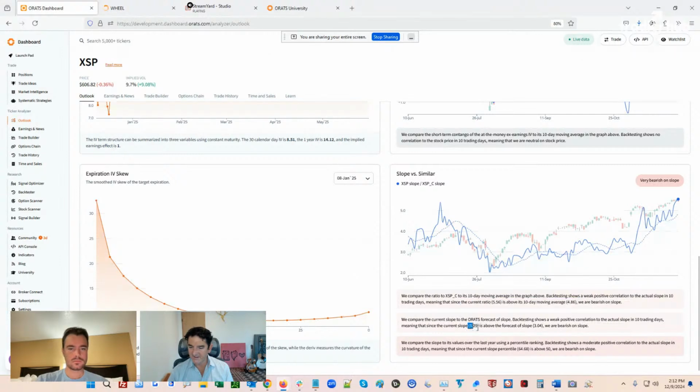The current slope of 5 is higher than the forecast of slope, which is 3. So everything's saying the slope is high right now, meaning the puts are high.